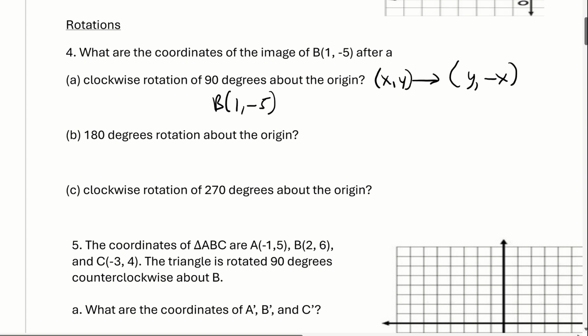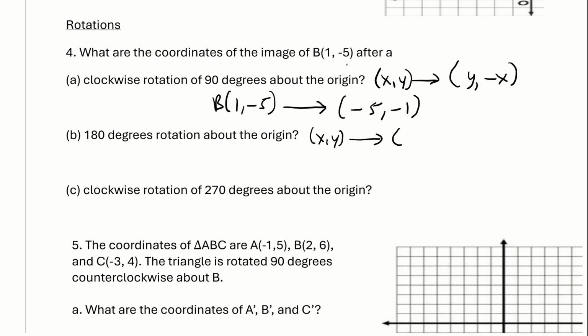So if I apply that rule, I have to switch the 2 coordinates, and then put a negative on the second coordinate. So this is going to turn into -5, -1. All right, that's it for part A. On part B, 180 degrees rotation. The rule for 180 degrees is (-x, -y). So you just put negatives on it.